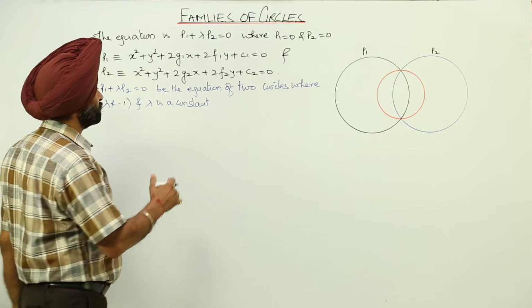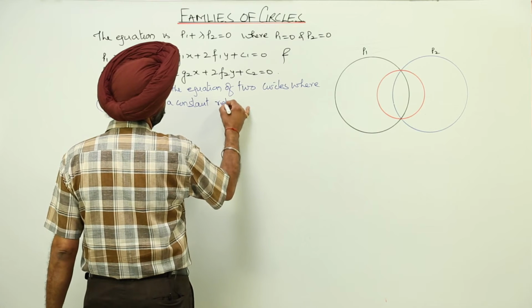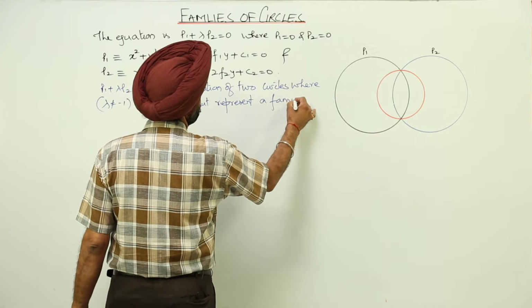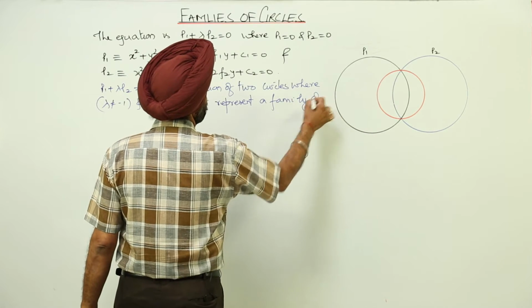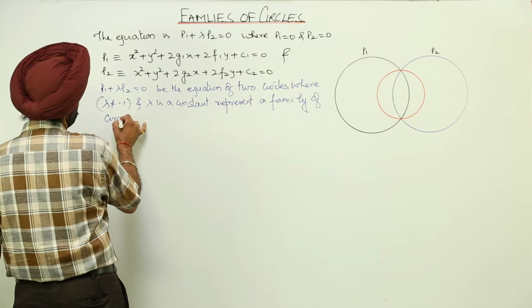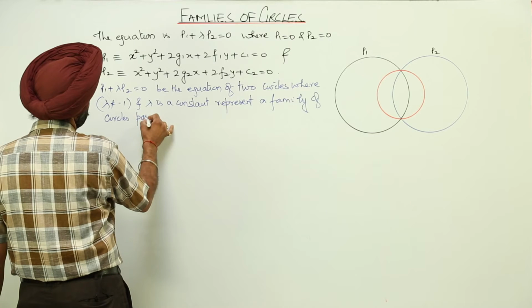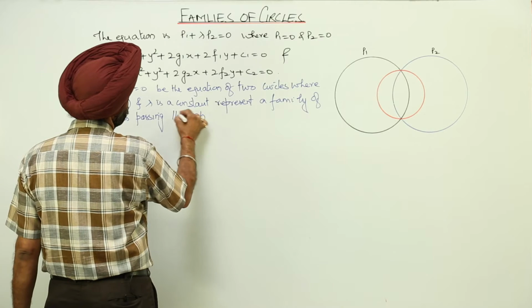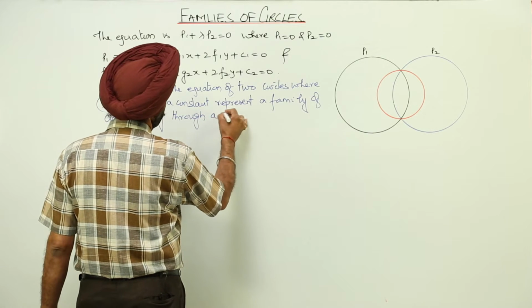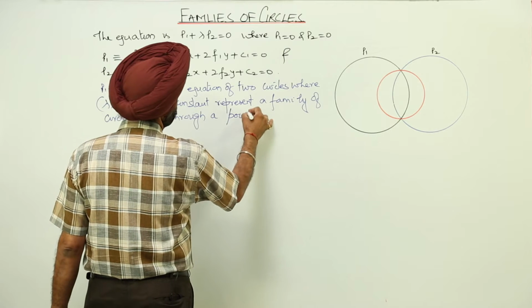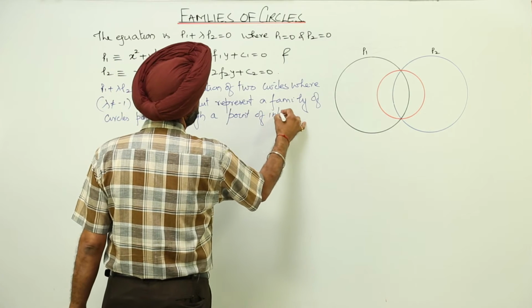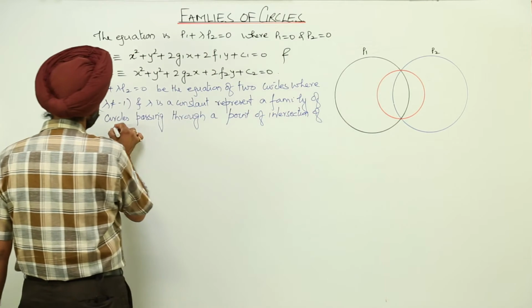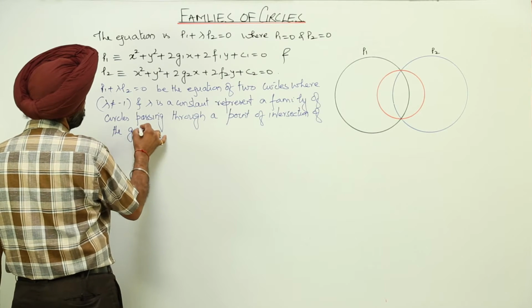Okay? And lambda is a constant represents a family of circles passing through a point of intersection of the given circles.